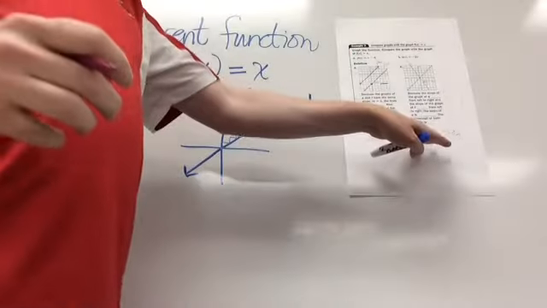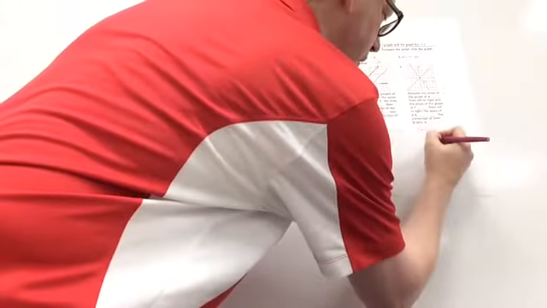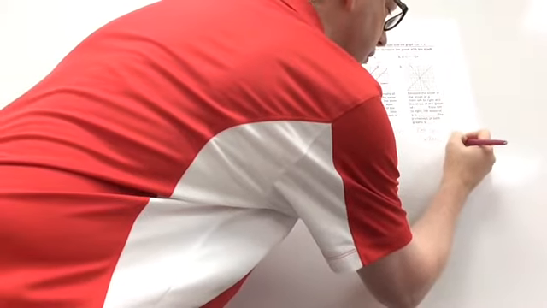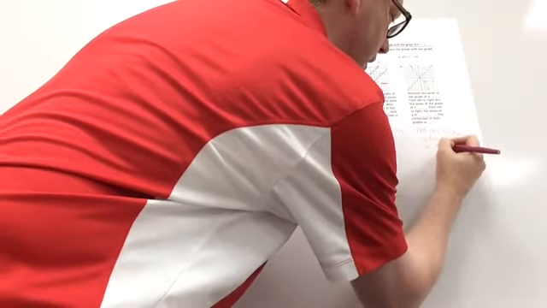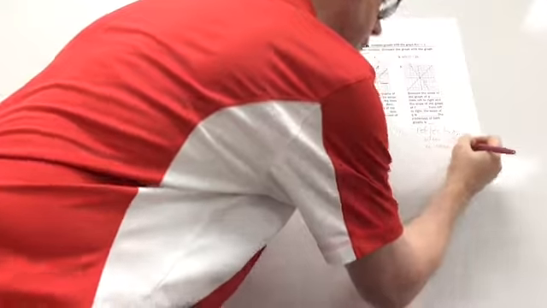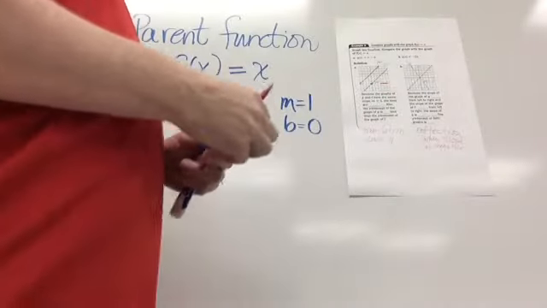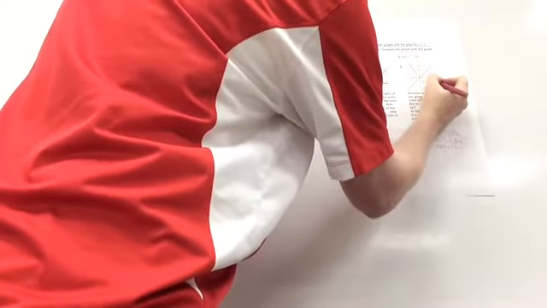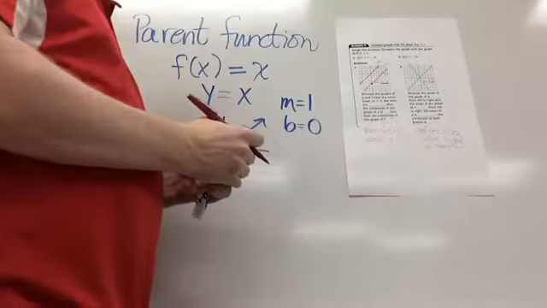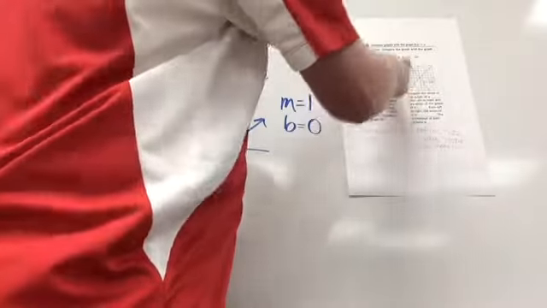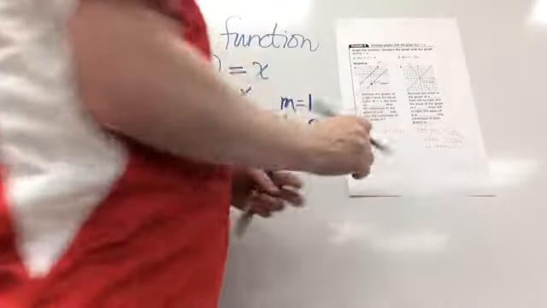So once again, it's a reflection when the slope is negative. And you'll also notice that the slope here is -2. It still has the y-intercept of the origin. That doesn't really matter at this point, but the slope is -2.